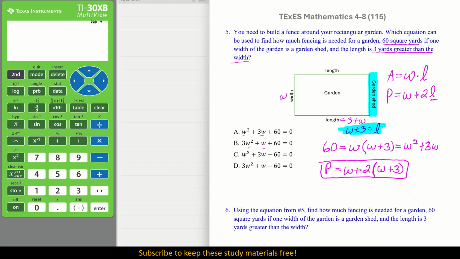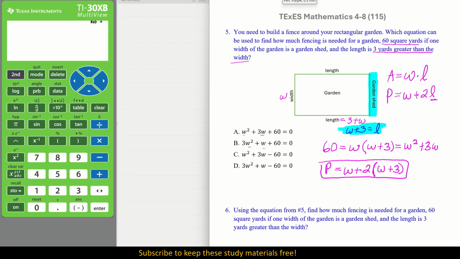The question says, which equation can be used to find how much fencing is needed for the garden. So we're not looking at the actual perimeter or going down to what is W, what is L.